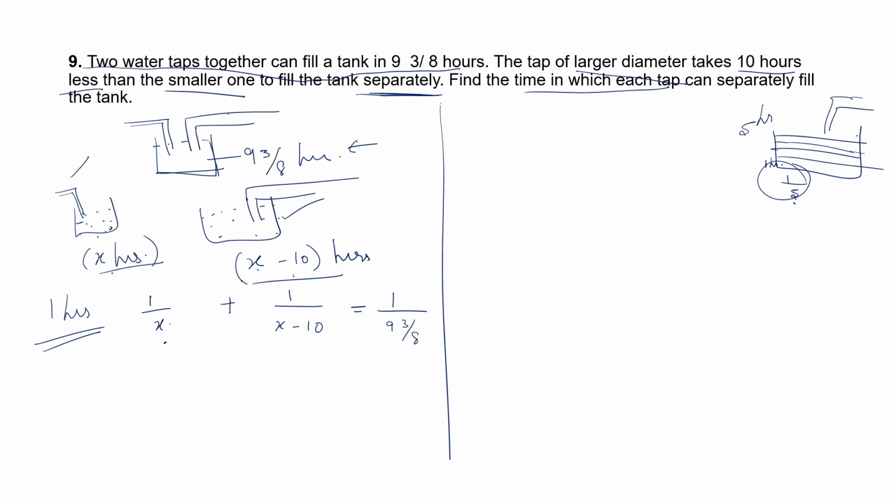And if it is filling in x minus 10 hours, then in 1 hour it will fill 1 by x minus 10. These two together will fill the whole tank in 9 3/8 hours, so for 1 hour it will fill this much. So solve this, you will get the equation.